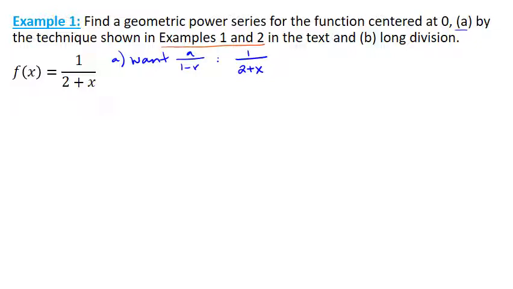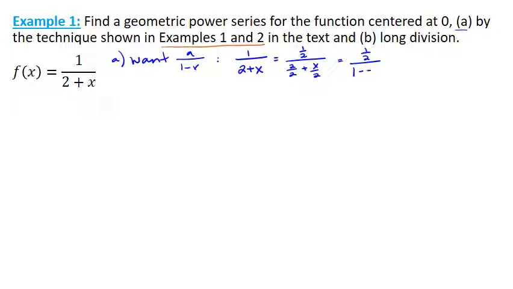Okay, the first thing I'm going to do is try to get 1, and the way I'm going to do that is I'm going to divide everything by 2. So this becomes 1 over 2 over 2 plus x over 2. Again, trying to make this term 1. Now, I also want this to be negative, so I can write this in the following way.